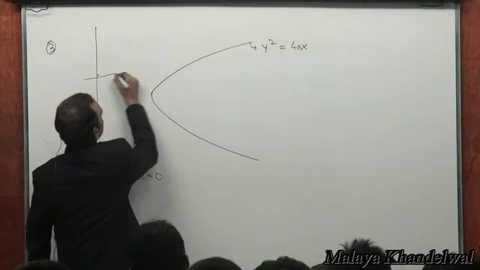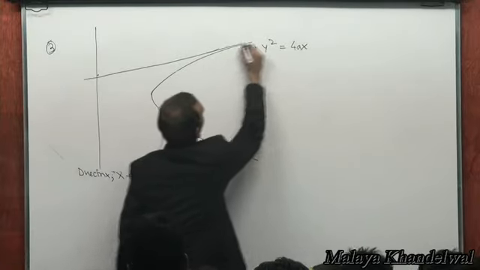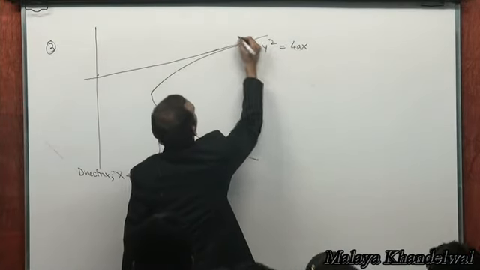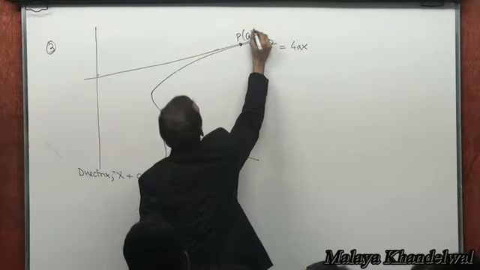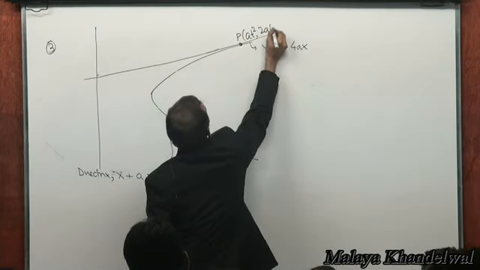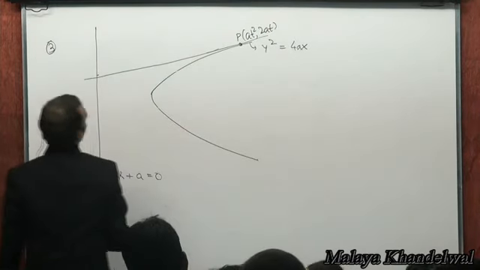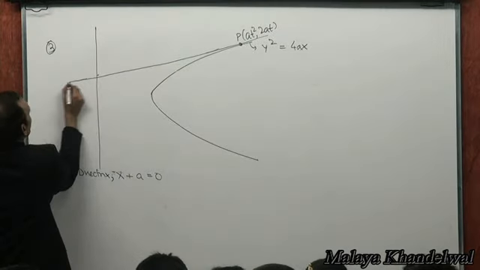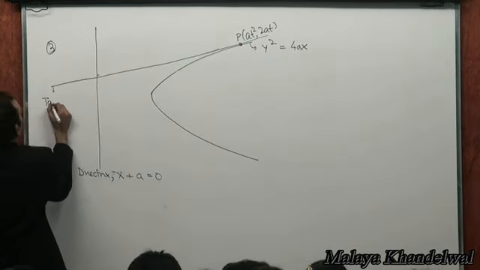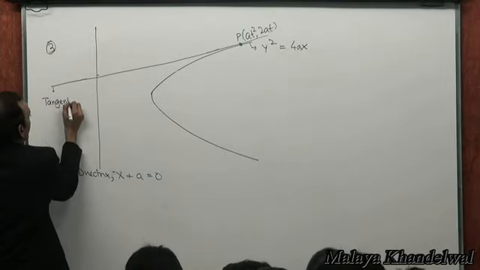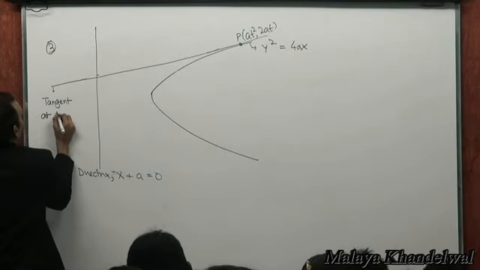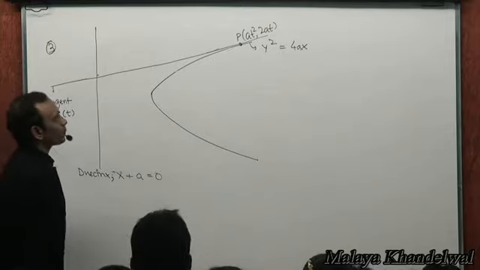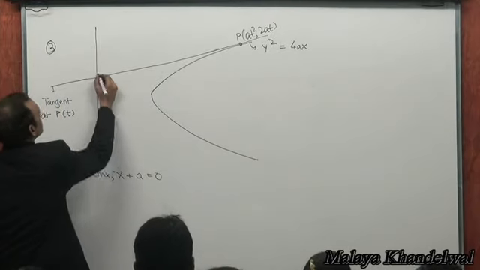And this is a tangent drawn at some point P, which is (at squared, 2at), where P corresponds to some t.